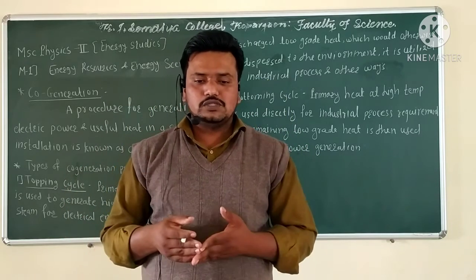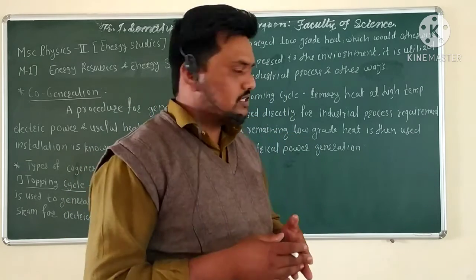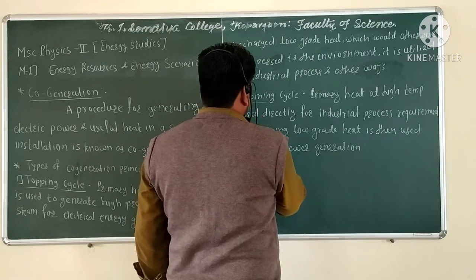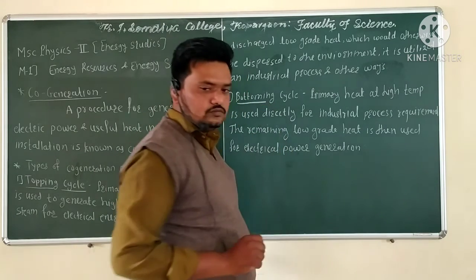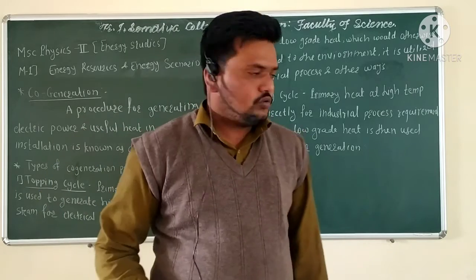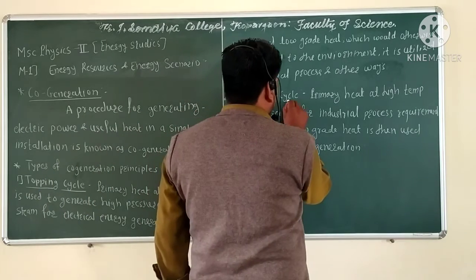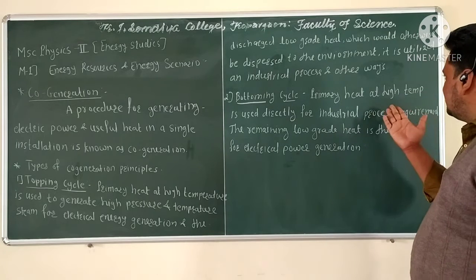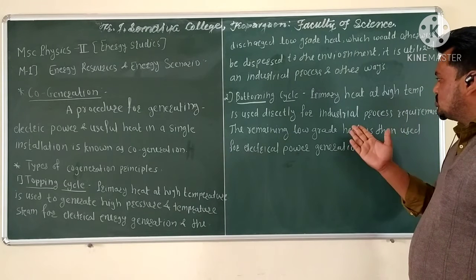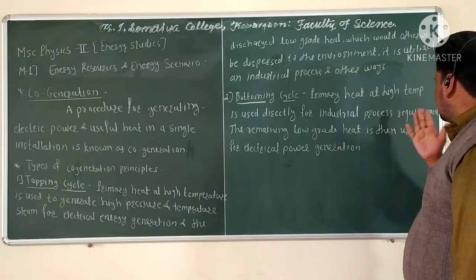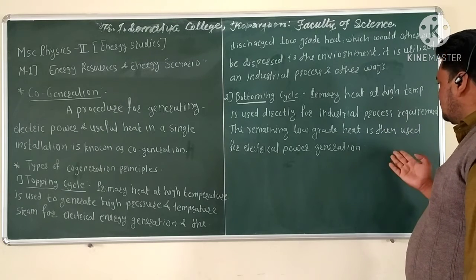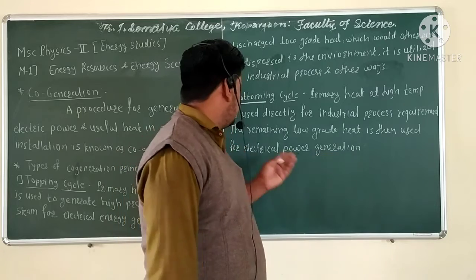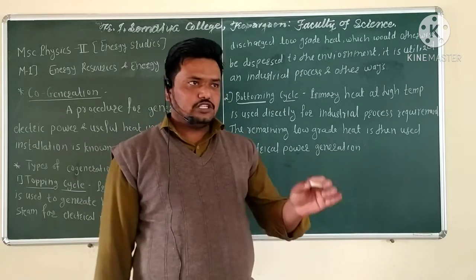The next cycle is the bottoming cycle. What is meant by the bottoming cycle? Primary heat at high temperature is used directly for the industrial process requirement, and the remaining low grade heat is used for electrical power generation.